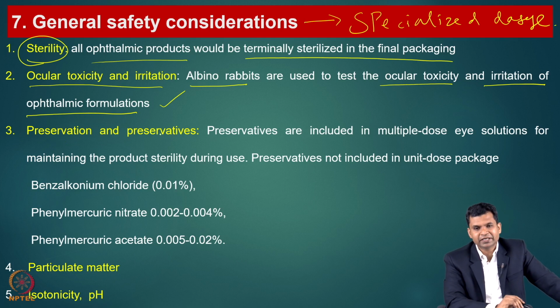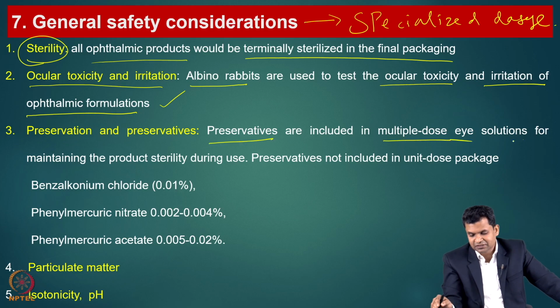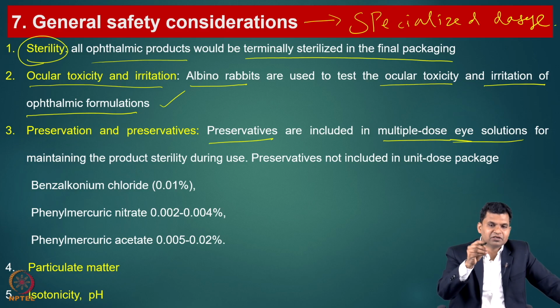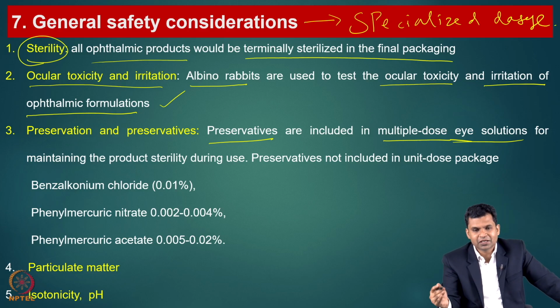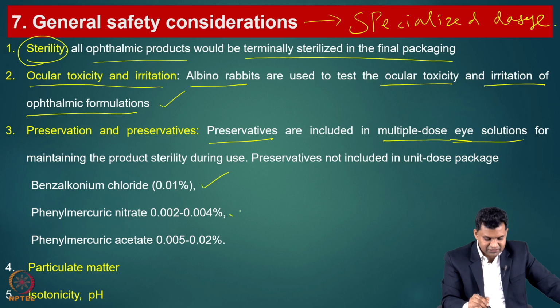Preservatives are very important, because we use them in multi-dose containers, because at different time intervals we will open the cap and use the medicine and close the cap. So, that repeated use or multiple doses leads to contamination. So, that product may lose its efficacy. To avoid that we need to provide preservatives, yes, but within the limit.